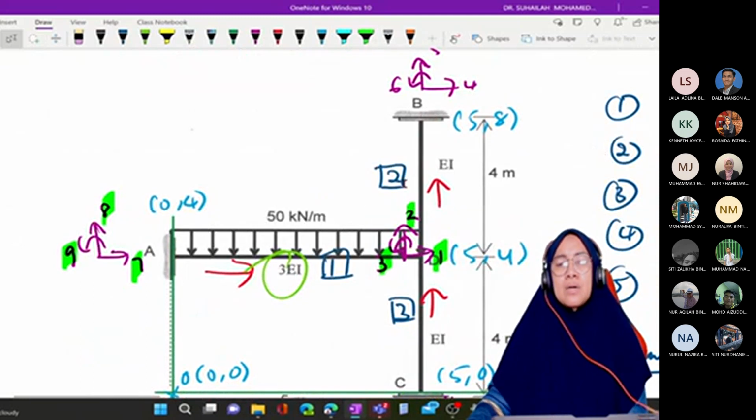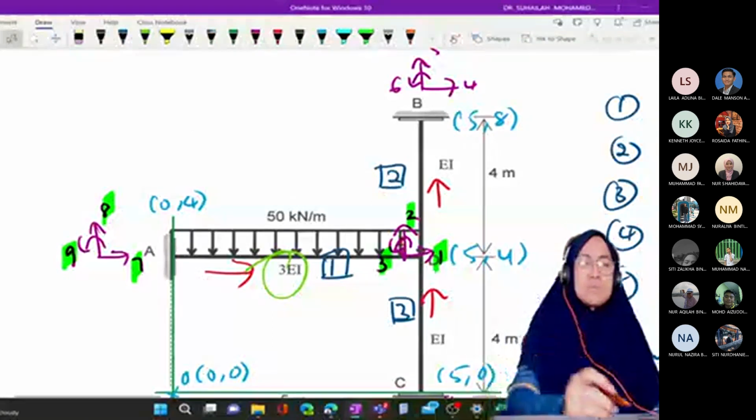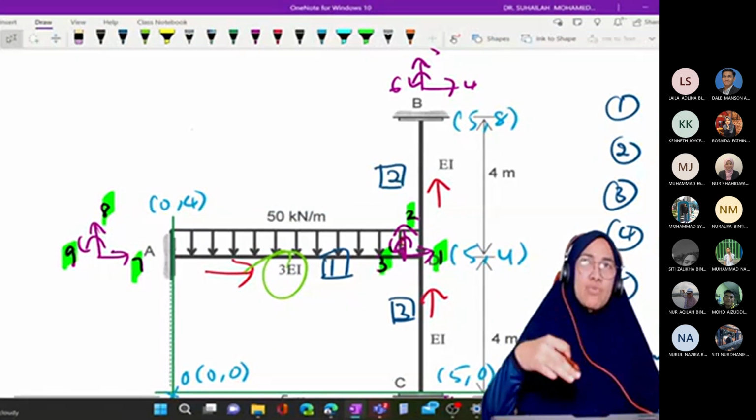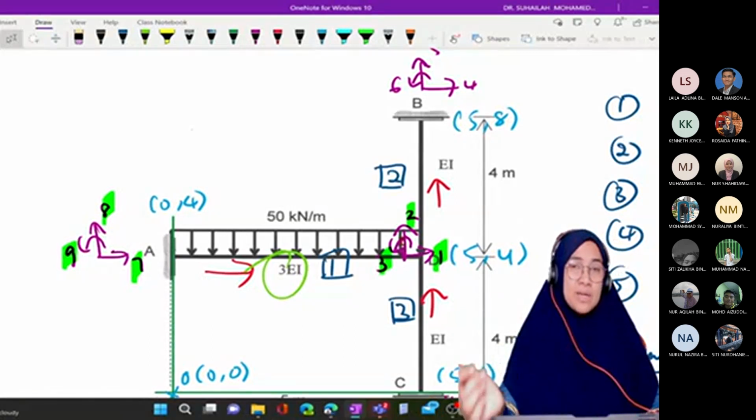Rotation will only appear in the unconstrained system. D is unconstrained. So we have learned previously, we have to read the label, the physical meaning of the label.